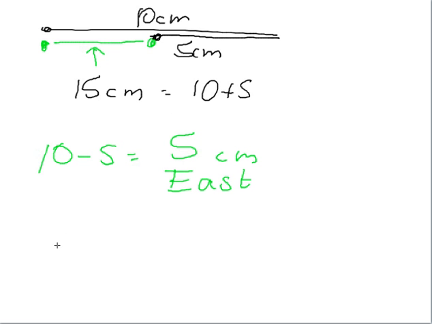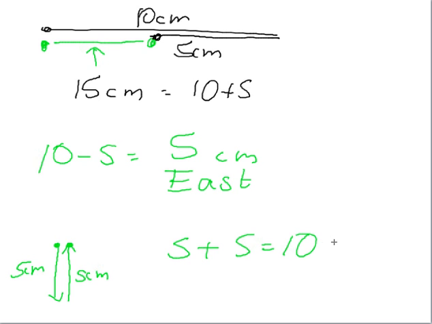Okay, what if somebody went down for 5 centimeters, and then went back up to their starting point, and that was another 5 centimeters. What is their displacement and their distance? Their distance is the total amount of walking, which is 5 plus 5 equals 10 centimeters. And displacement is the direct route from a starting point to his end point.